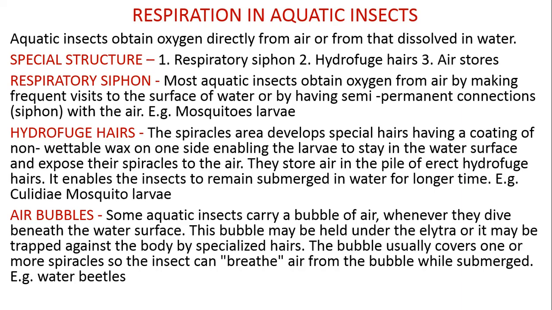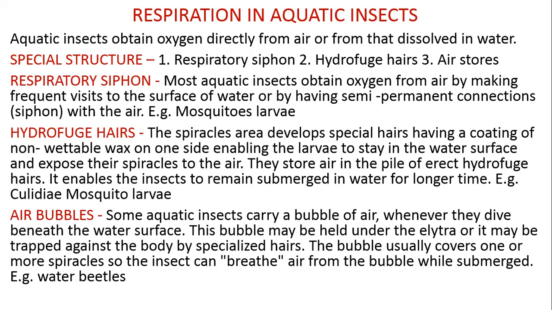They store air in the pile of erect hydrofuge hairs. It enables the insects to remain submerged in water for a longer time. For example, Culicidae mosquito larvae, which contain hydrofuge hairs.